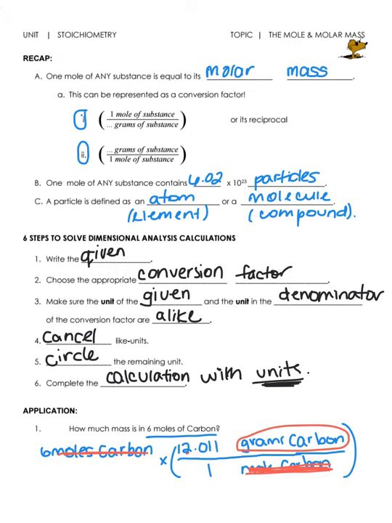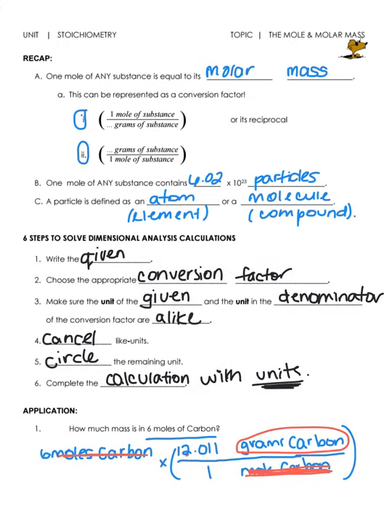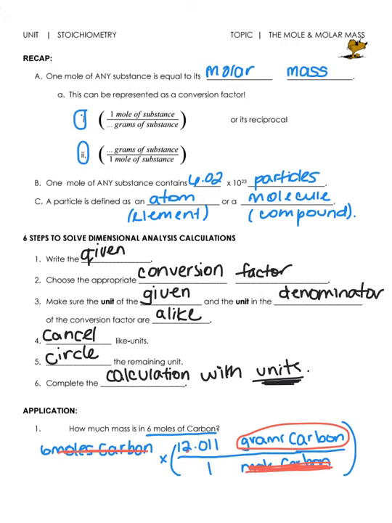So into my calculator I'll type in 6 times 12.011 divided by 1, which is simply just itself.